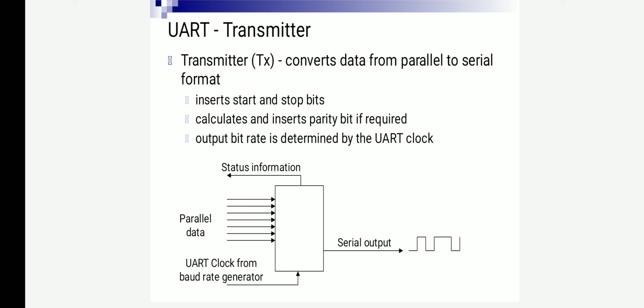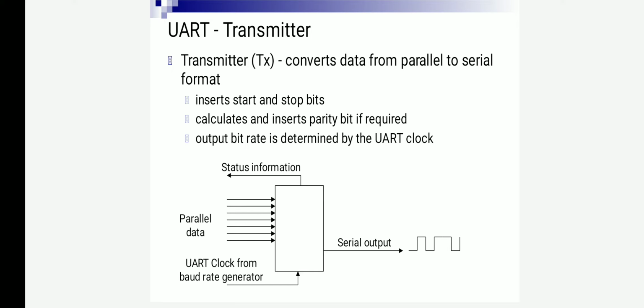To convert data from parallel to serial, it inserts start and stop bits, and calculates and inserts the parity bit if required. Calculate means checking whether even parity is added or not, whether odd parity is added or not. This is the calculation of the parity bit. The output bit rate is determined by the UART clock.